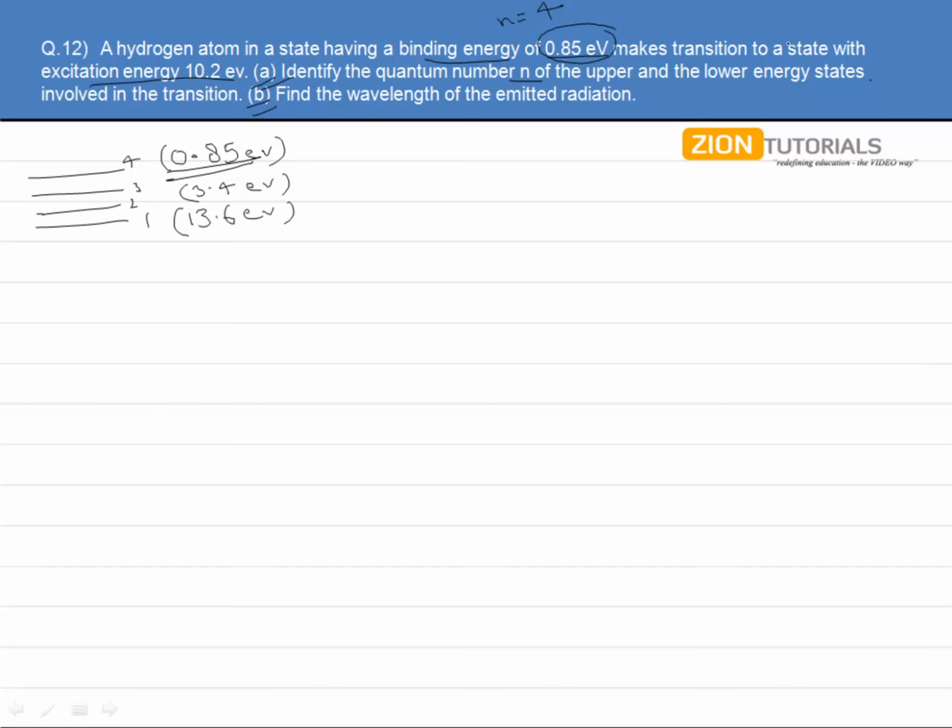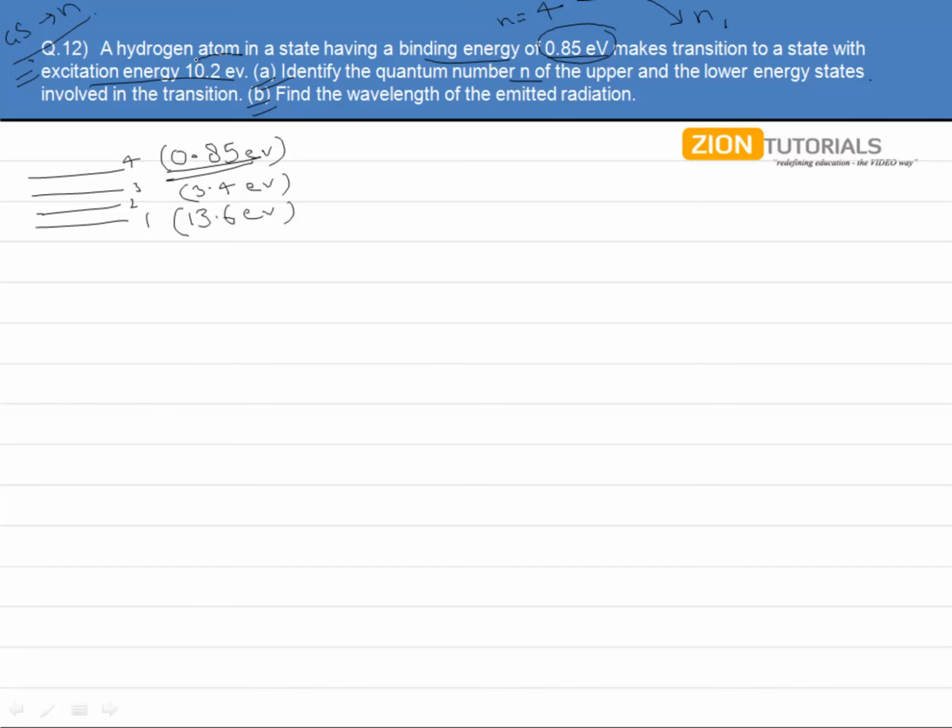Now this makes a transition to a state with excitation energy 10.2. This means that it is actually going to an energy state n1 for which the excitation energy is 10.2. And what is excitation energy? It is the energy needed to go from the ground state to that value of n.